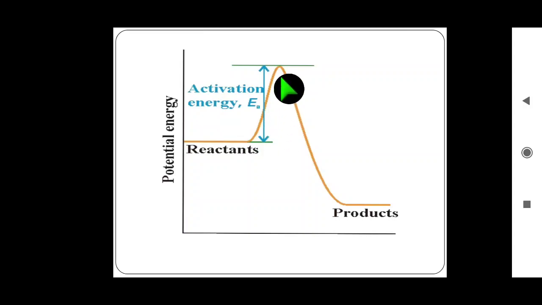So if EA is lower, the reaction is faster. Suppose EA is higher, the reaction will be very slow.